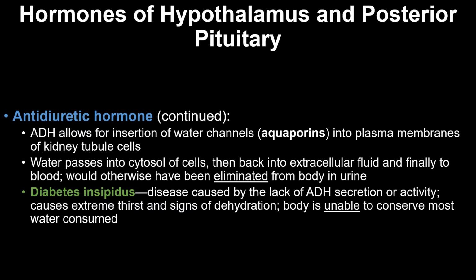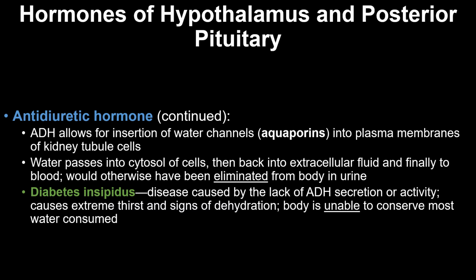An abnormal lack of ADH secretion or activity can result in a disease called diabetes insipidus. Now, signs and symptoms of diabetes insipidus include extreme thirst, dehydration, and a very high solute concentration in the blood, because this person's body is unable to conserve most of the water that is consumed.